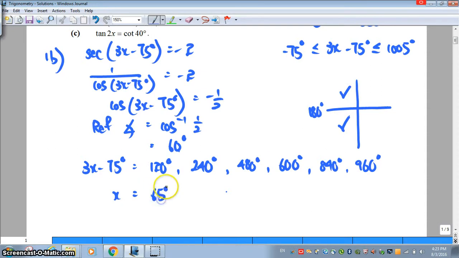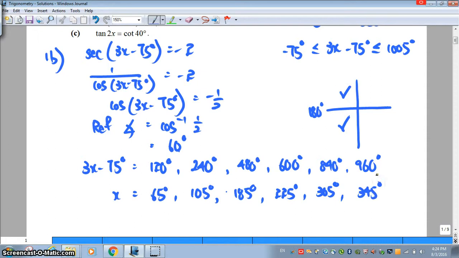I will have 65 for the first one, 105 for the second one, 185 for the third one, 225, 305, as well as 345.